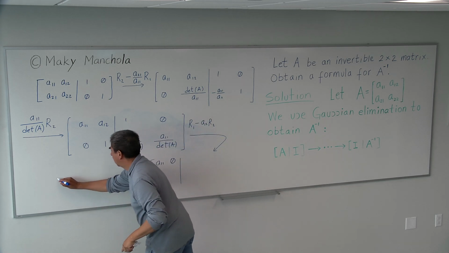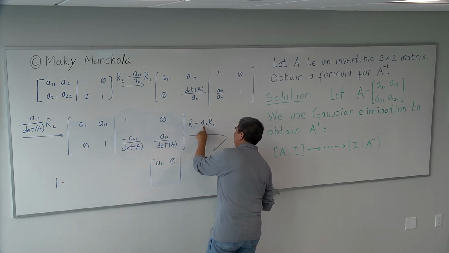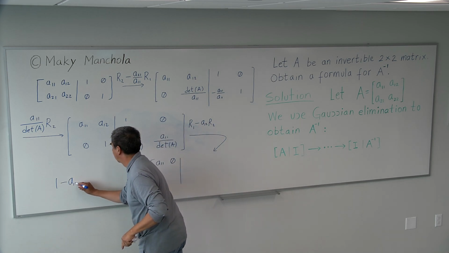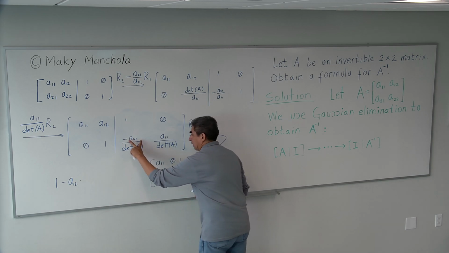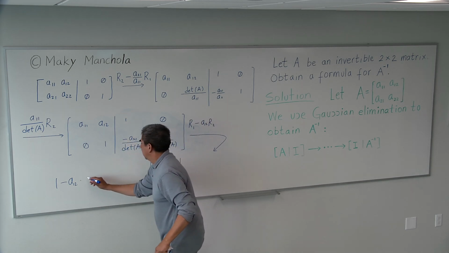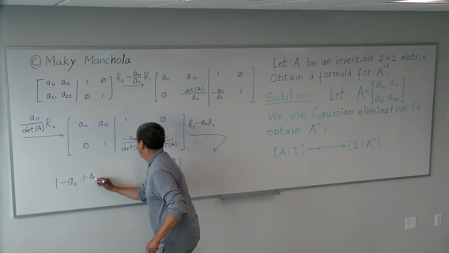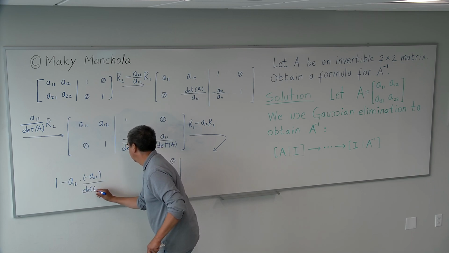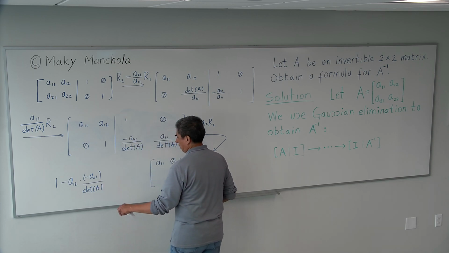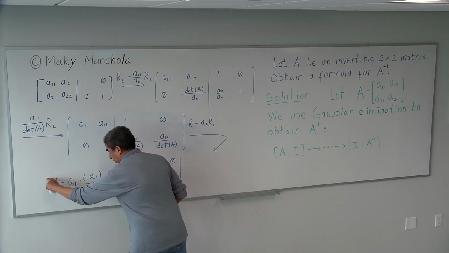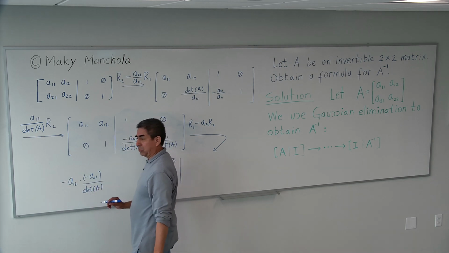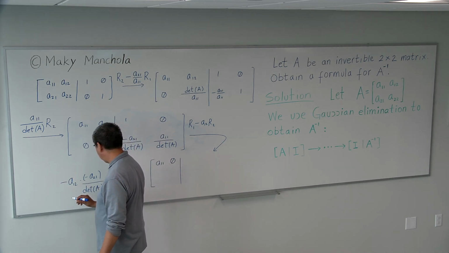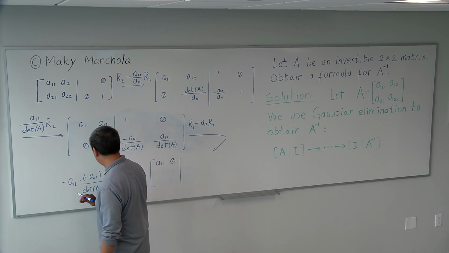One minus A12 multiplied by this expression right here, negative A21 over determinant of A. Let's multiply top and bottom of the first term by determinant of A because we want to work with a single fraction.